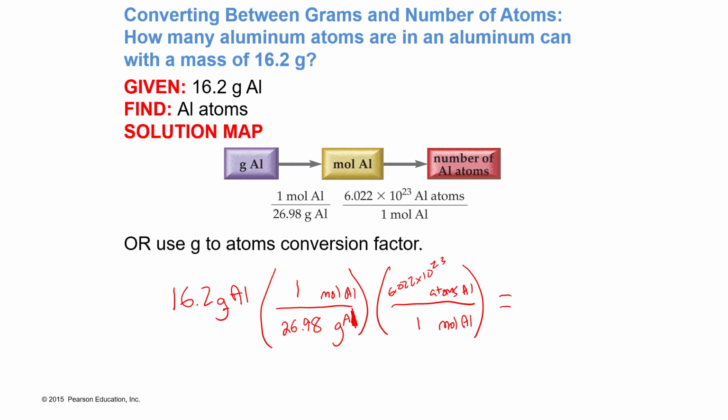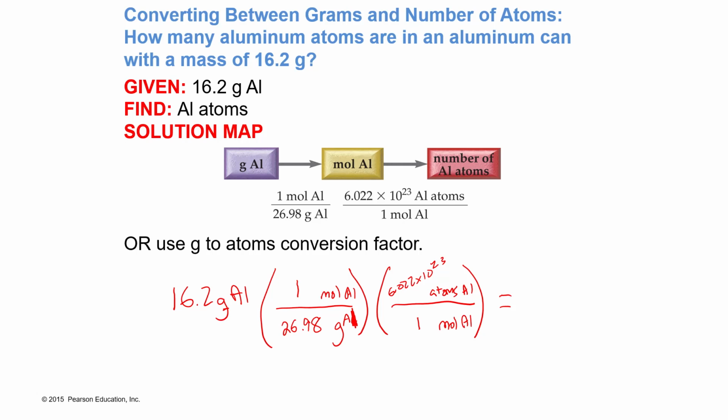We don't have to multiply by the ones because that's not going to change the value of the number. So in our calculator, we can put 16.2 times 6.022 times 10 to the 23rd. Remember to put this number in parentheses. And then go ahead and press equals. You want to keep that full number on your calculator and then divide by 26.98.